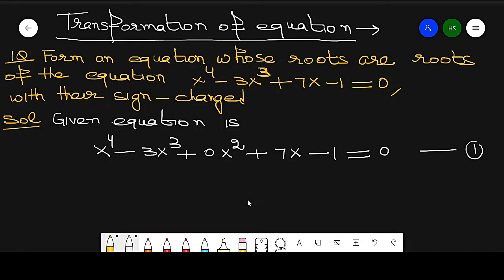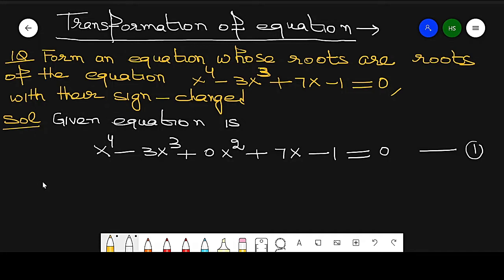Now the transformed equation is, we want a new equation with the roots whose sign is changed. It means if the roots of the first equation are a, b, c, d, then the transformed equation has roots minus a, minus b, minus c and minus d.